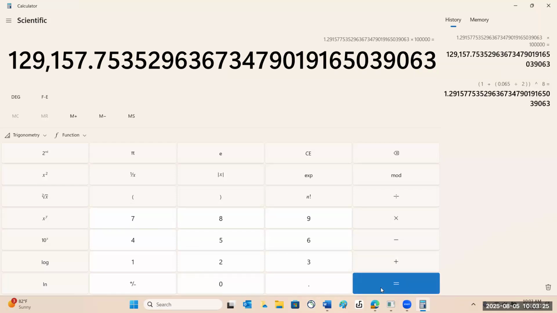So after 4 years, you now will have to pay $129,157.58. So you just lost $29,000 in 4 years.